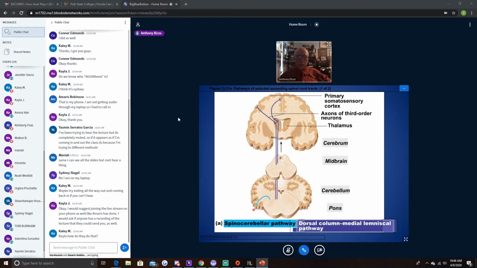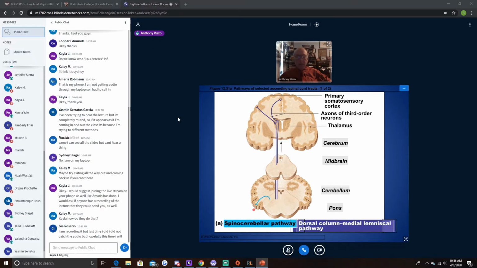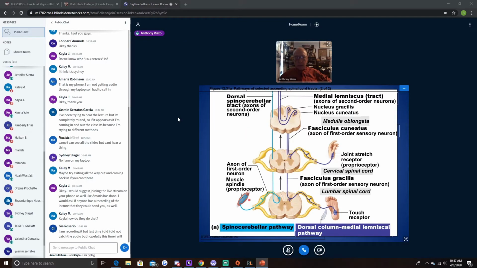Remember I told you that the cerebrum, the left side of the cerebrum controls the right side of the body, but the cerebellum fibers do not decussate. They do not cross over, so that balance in the cerebellum is ipsilateral.